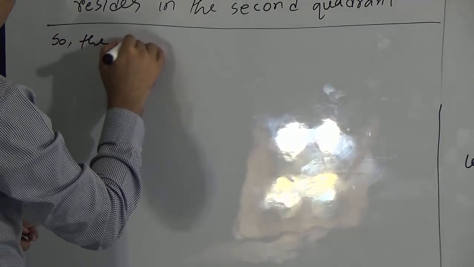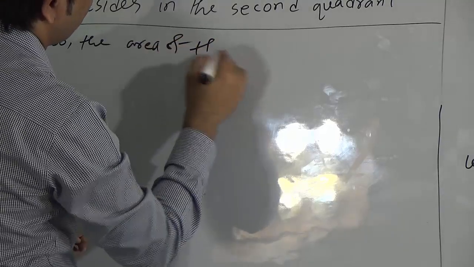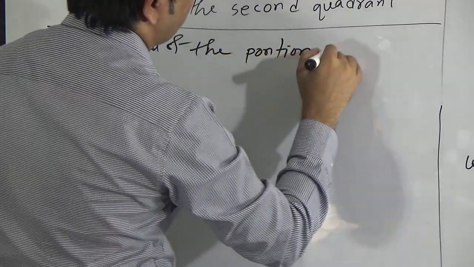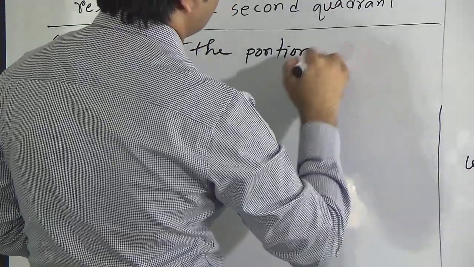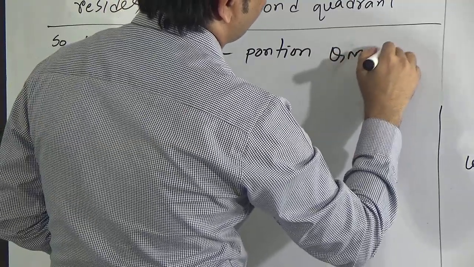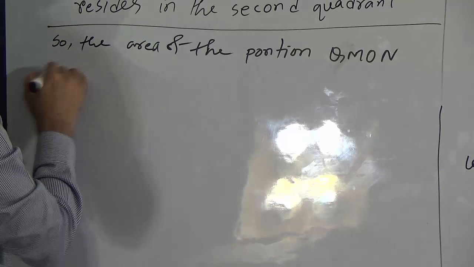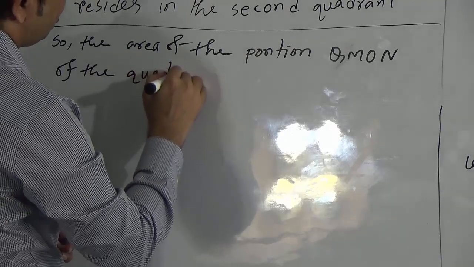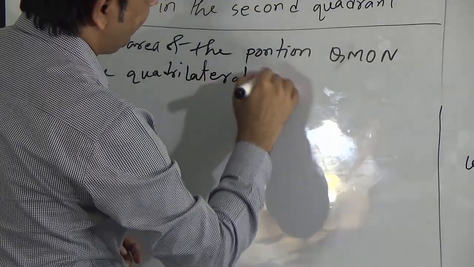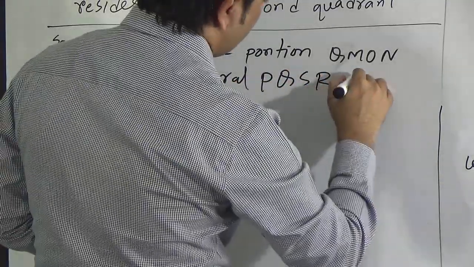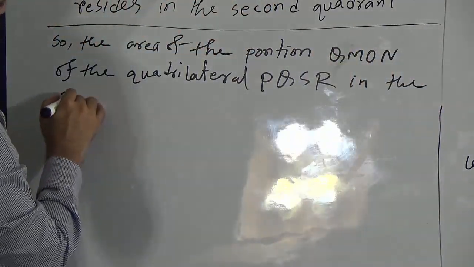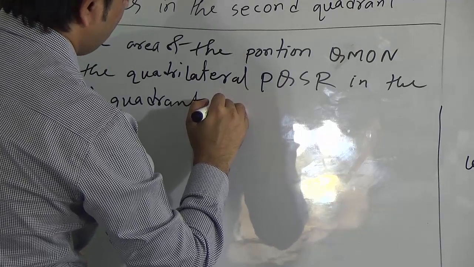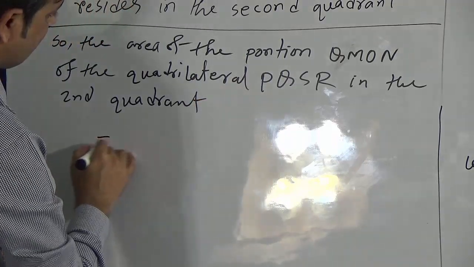So the area of the portion QMON of the quadrilateral PQSR in the second quadrant, we can determine that, is equal to half.